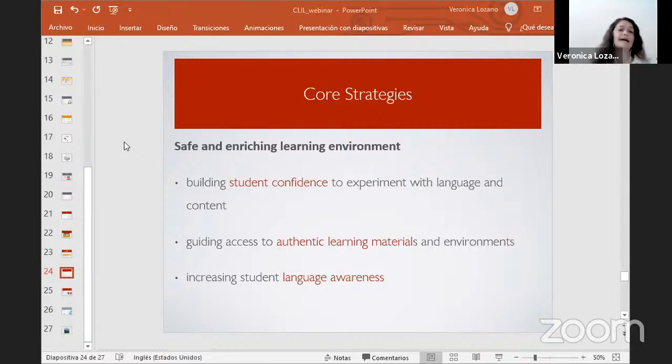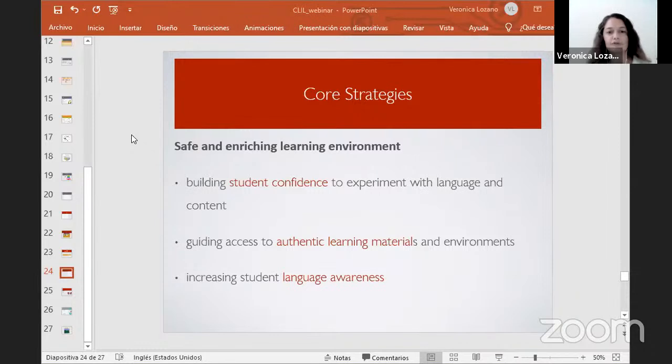So as you can imagine, there will be a lot of language production. It doesn't mean, of course, that language is going to be perfect. We need practice, as always, and we need to build towards accuracy. But it's very, very important at this point to help learners express their ideas. We want to build their confidence so they can do this. Experiment with language, that's the only way they are going to learn.